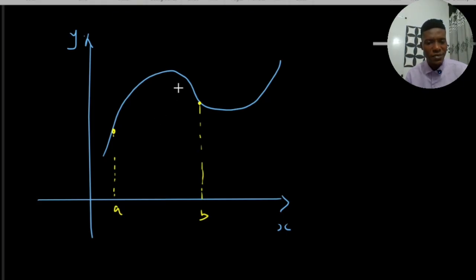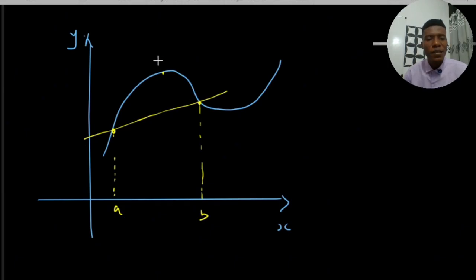So in this case, there exists a C around here now, such that the slope of f of x at C is parallel to this line.